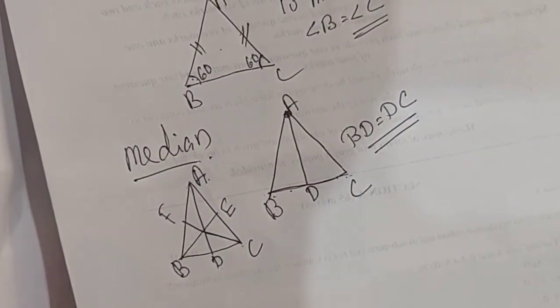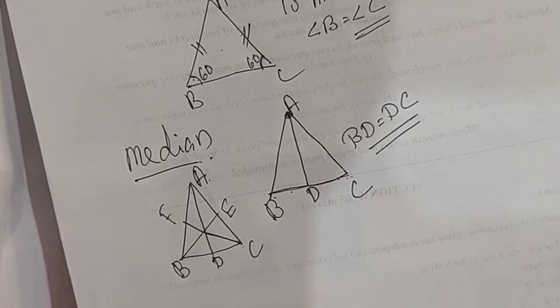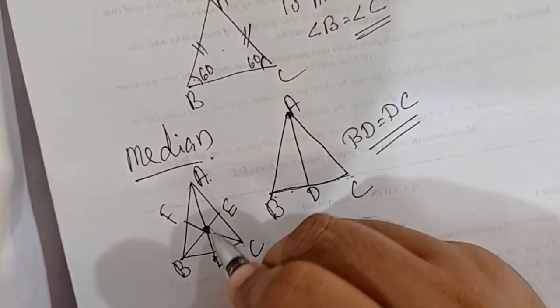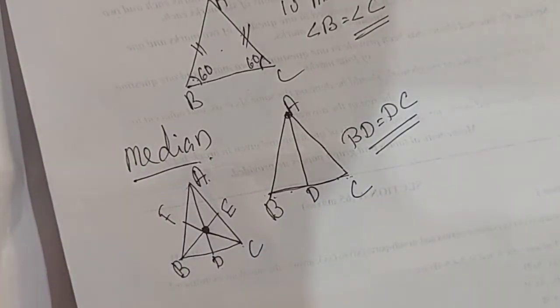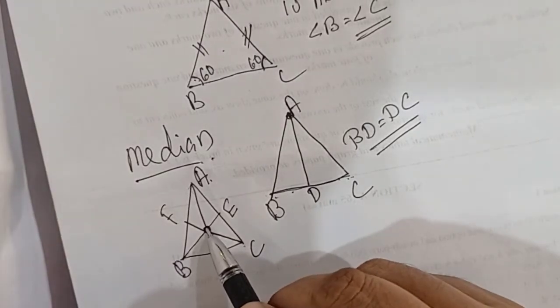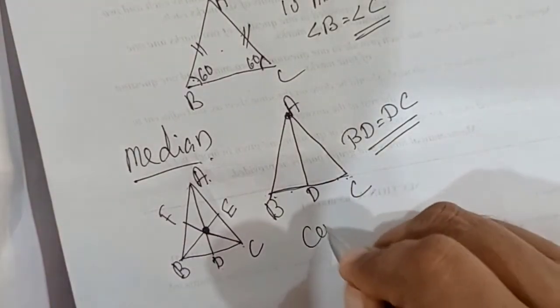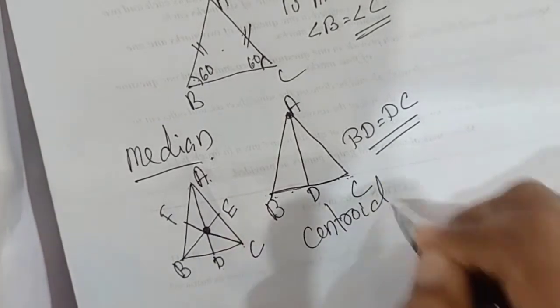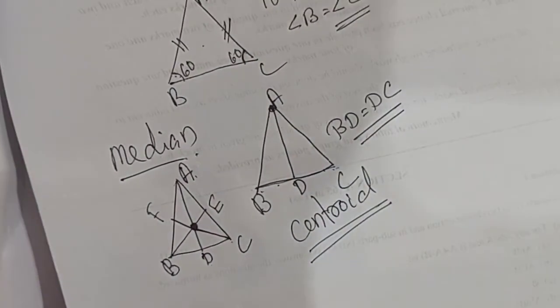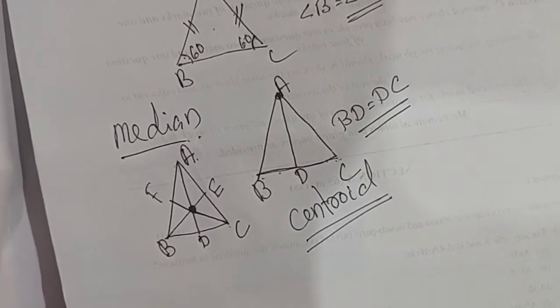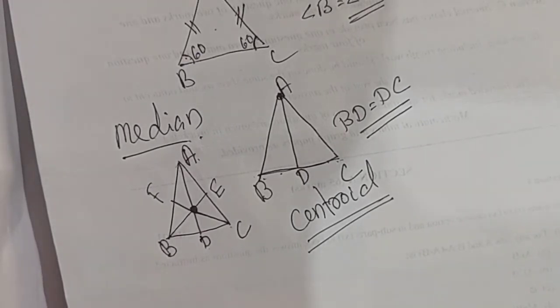And all the medians are always congruent. They intersect each other at one point. The intersection of the medians is called the centroid of a triangle.